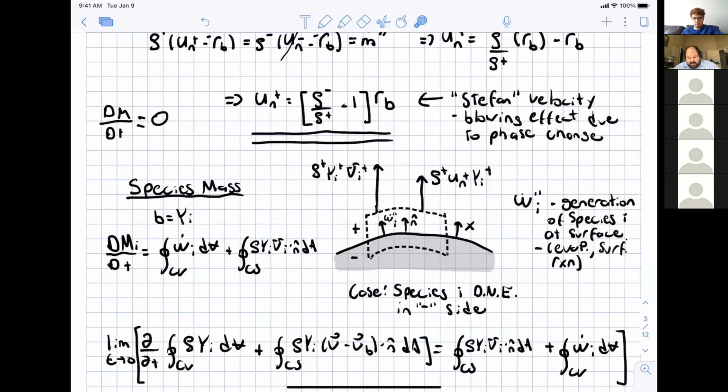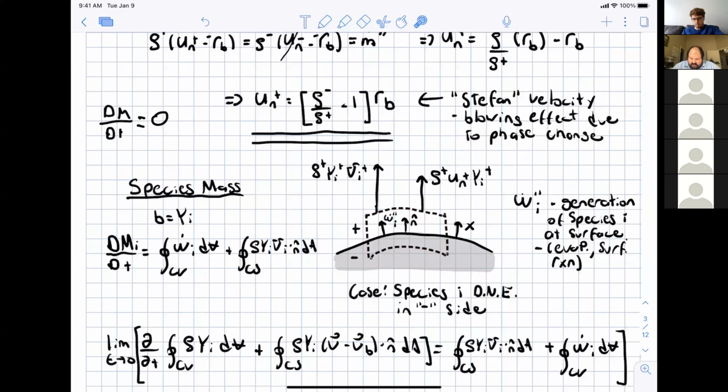and we can also have mass diffusion fluxes going on at the surface. Okay, so if we draw a control volume of a species i, and we'll just pretend that's a gas phase species, that's another gotcha with species mass: in general, species do not exist in the same form on both sides of the interface.